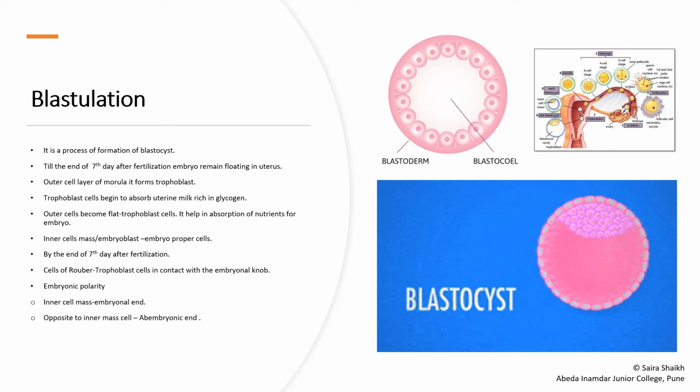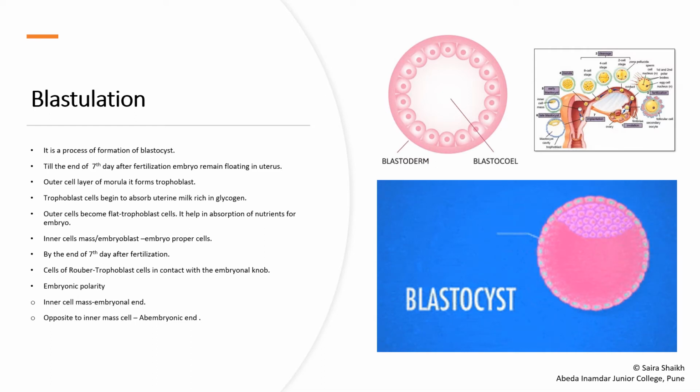At this stage, embryonic polarities also form. The inner cell mass in contact with the trophoblast cells is called the embryonal end, and the end opposite to that is the abembryonal end.